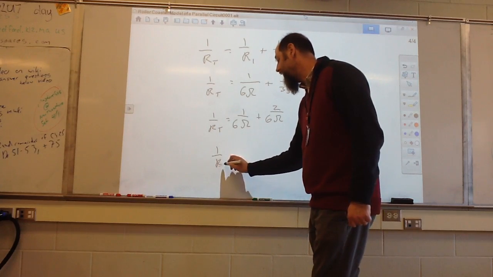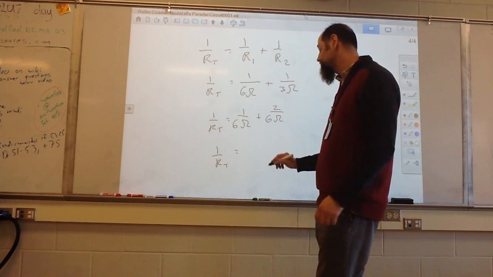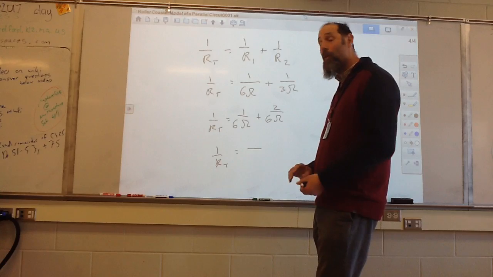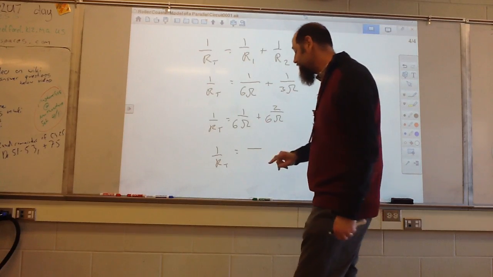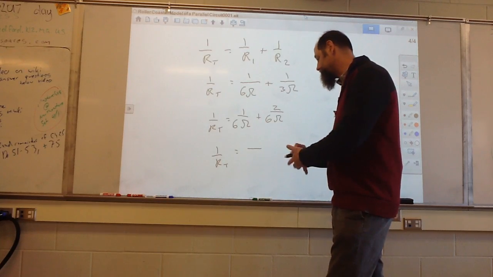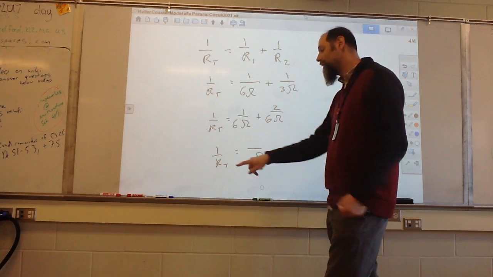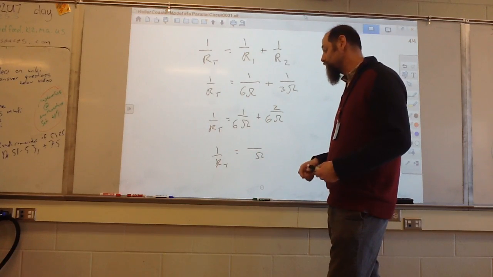You're going to add those two fractions, 1/6 plus 2/6, to get 1 over the total resistance. So you get a new fraction here. Now keep in mind, the units are on the downstairs. So we're not looking for 1 over the total resistance, we're looking for the total resistance.